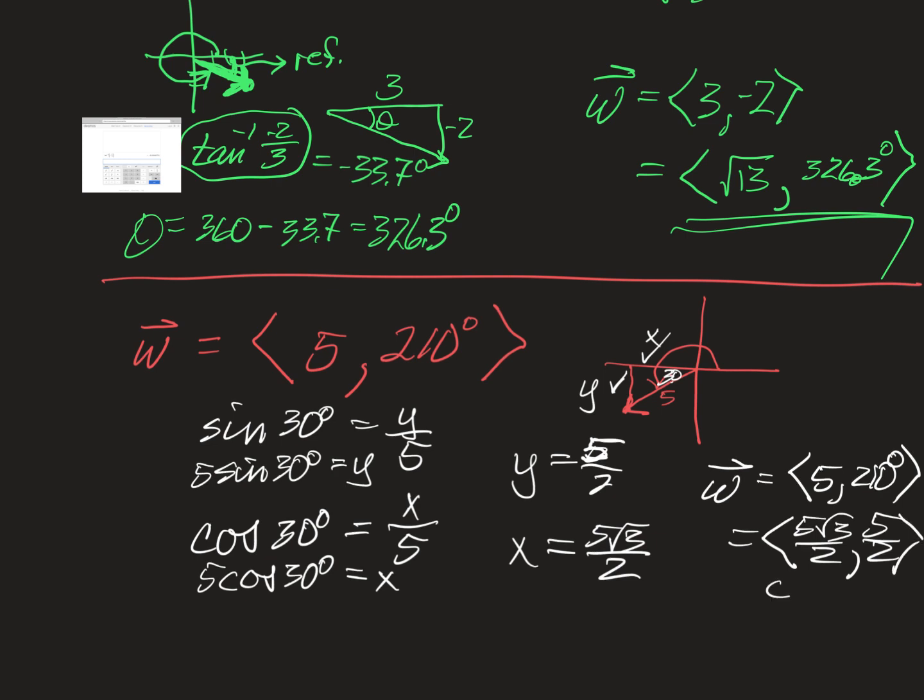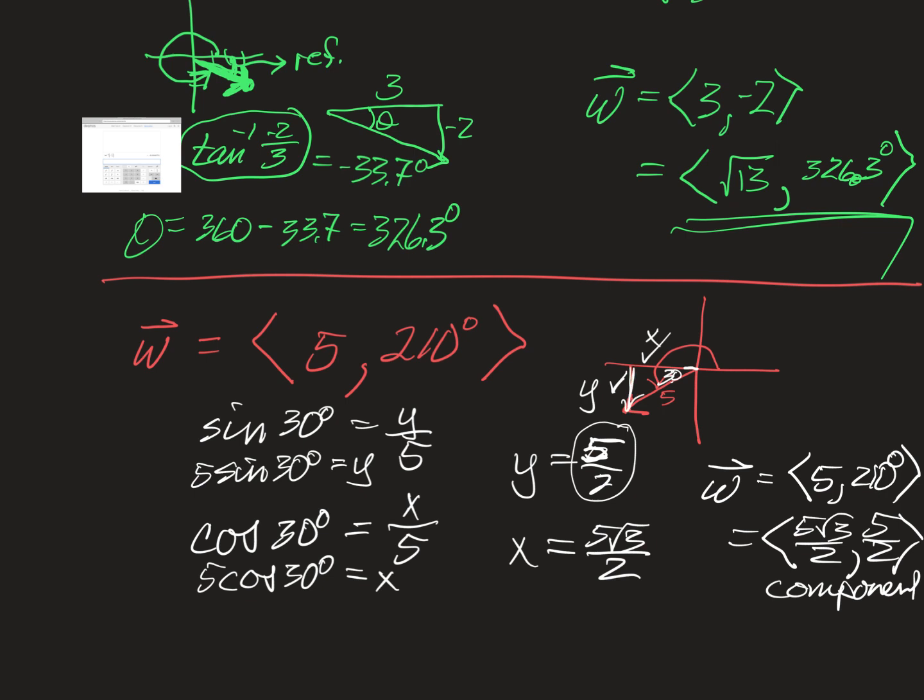So this is the component form. Since it's 210, we have to talk about the y for a minute. This gives me the correct size, but it doesn't give me the correct direction.